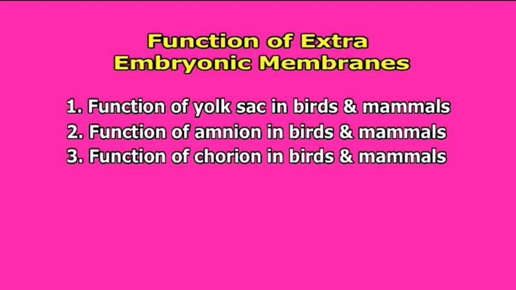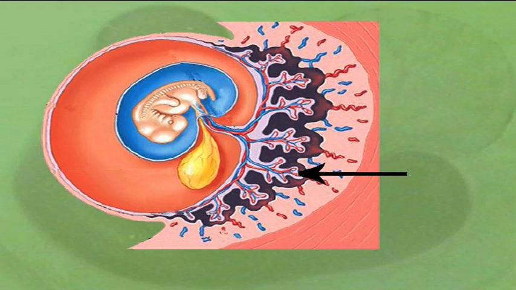Function of chorion in birds and mammals. A part of chorion forms finger-like outgrowths known as chorionic villi that penetrate into the wall of the uterus for exchange of substances between the embryo and the uterus in the body of the mother.